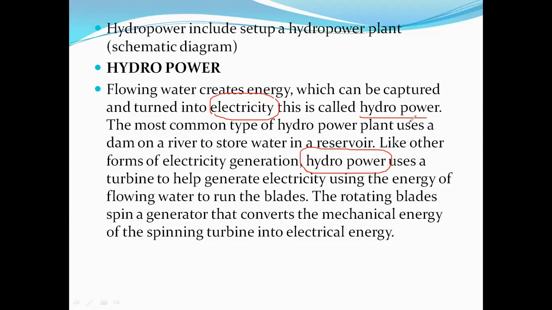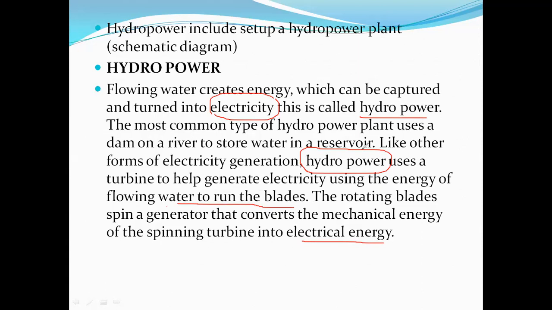The flow of the water, containing a high amount of pressure, acts on the turbine and rotates the turbine blades. That means hydrostatic power is converted into mechanical power, and the mechanical energy is then converted into electrical energy. I'm repeating. When water flows on the turbines, the water containing high pressure acts on the turbines and rotates them.